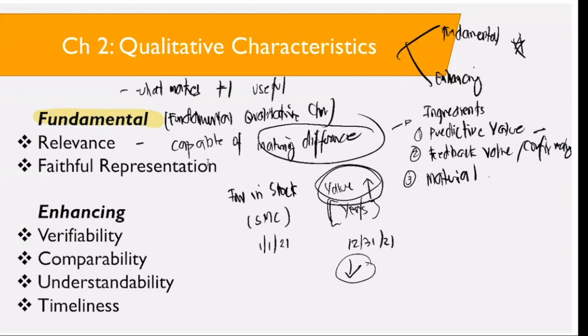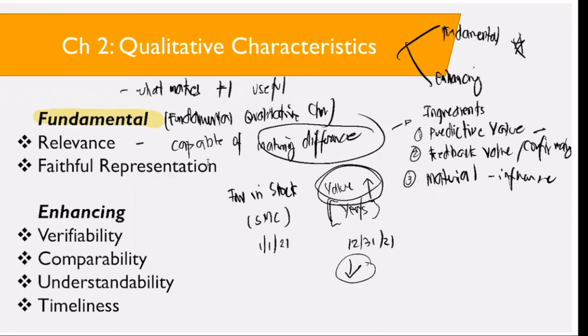We say it is material if it can influence the decision making of the user. So one item is material to one user and another item is immaterial to another user. It depends on the user itself. For example, guys, 1 peso can be material to one person and 1 peso can be immaterial to another person, because materiality is dependent on your own threshold.